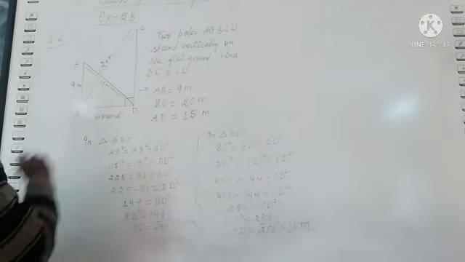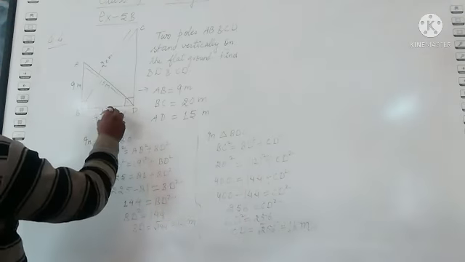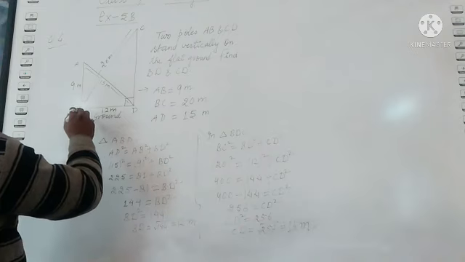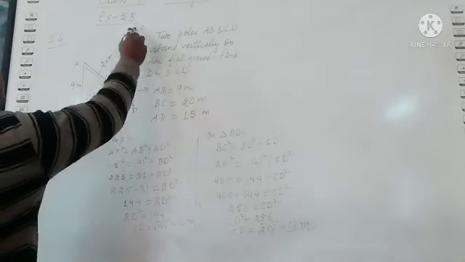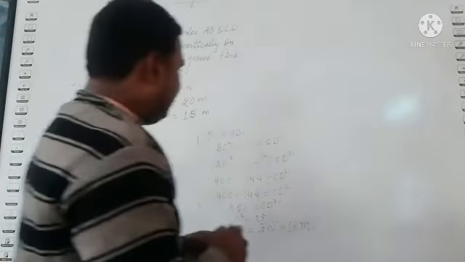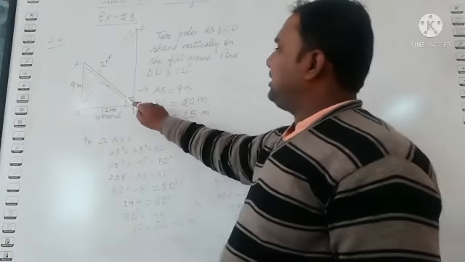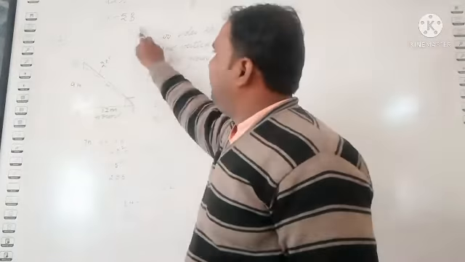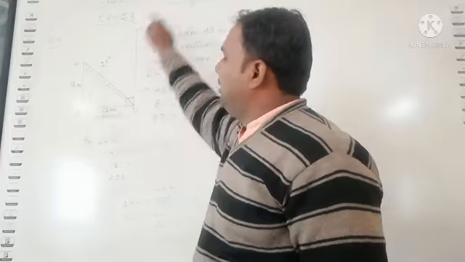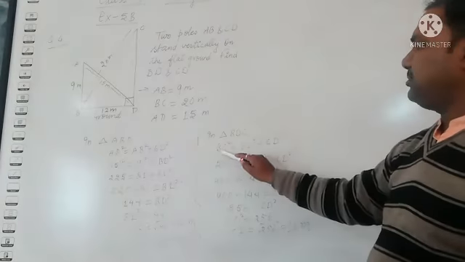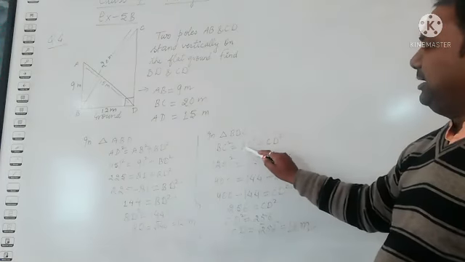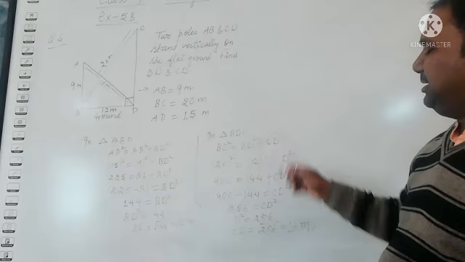After getting the value of BD, 12 meter, now we will see in triangle BDC. Okay, so let's see here in triangle BDC. Now D is right angle, so in front of D, BC line is called hypotenuse. So BC square means hypotenuse square is equal BD square plus CD square.